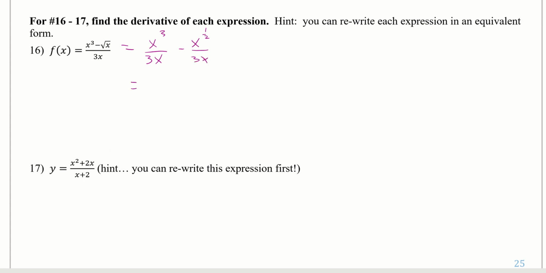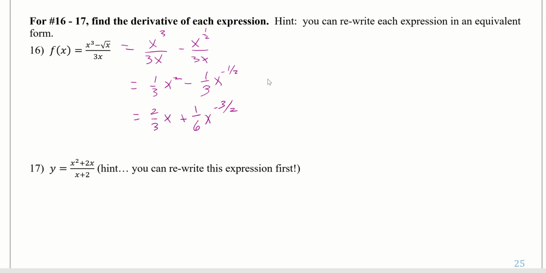All right, so this then becomes 1/3 x squared minus 1/3. If I subtract those, this would be x to the negative 1/2. Once I've done that, I bring it down. That would be 2/3 x plus 1/6 x to the negative 3/2.